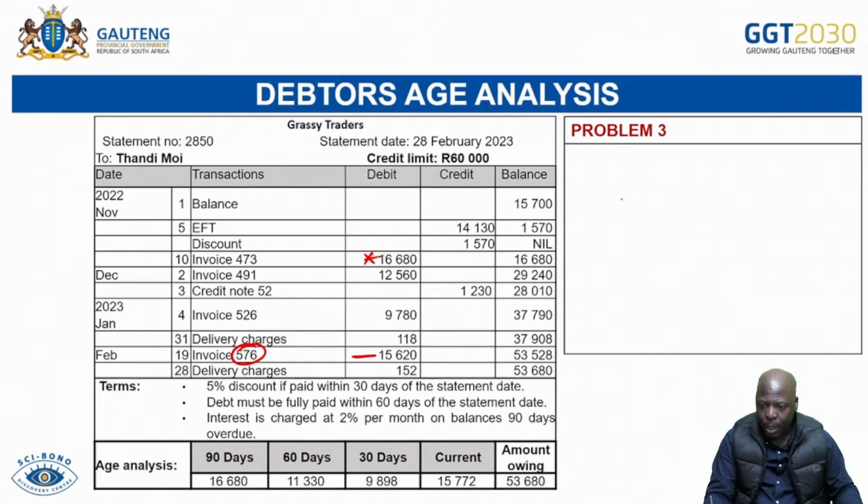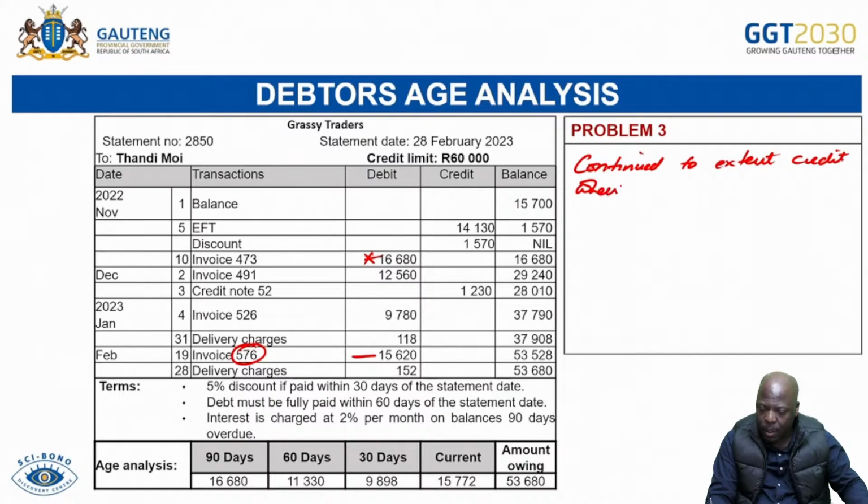So another problem is we continued to extend credit when the debtor is defaulting.